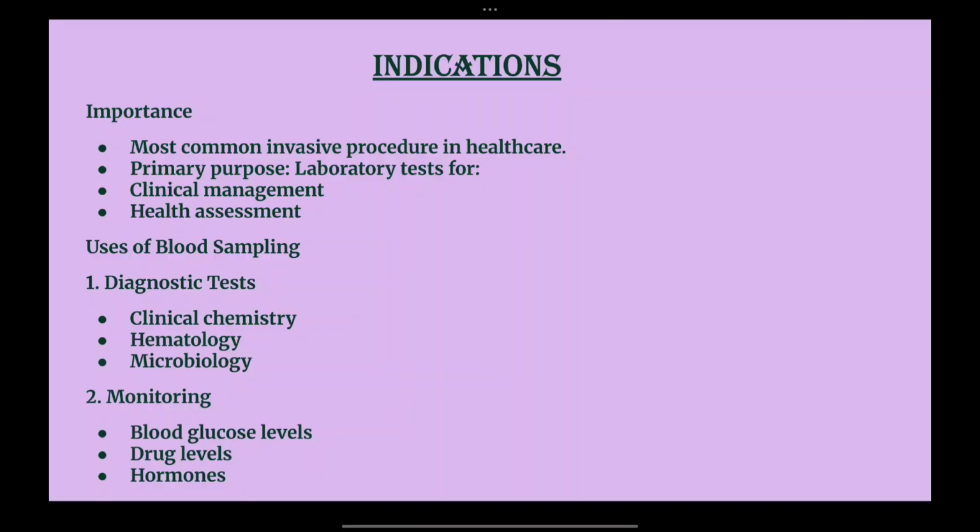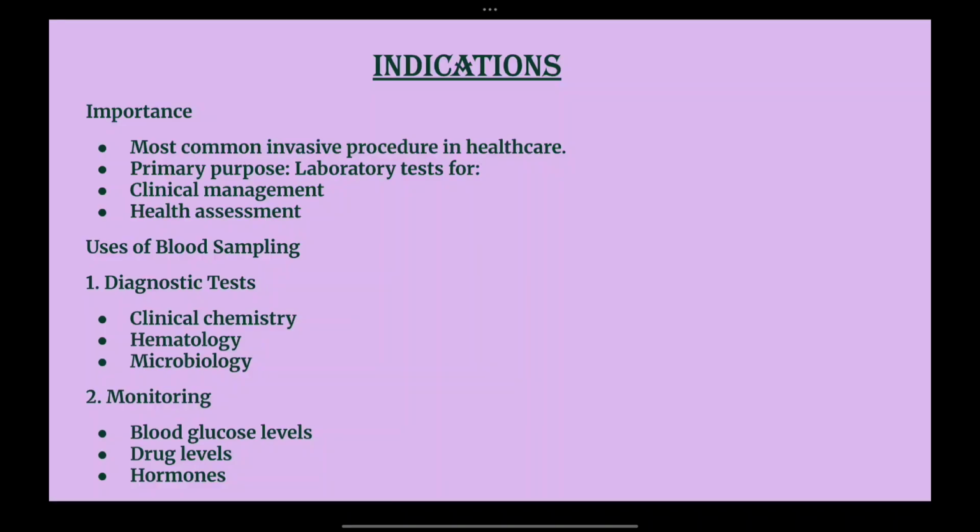In clinical chemistry, you find out the chemistry of the blood components. You see what elements or molecules are present along with the blood. So the clinical chemistry is estimated.